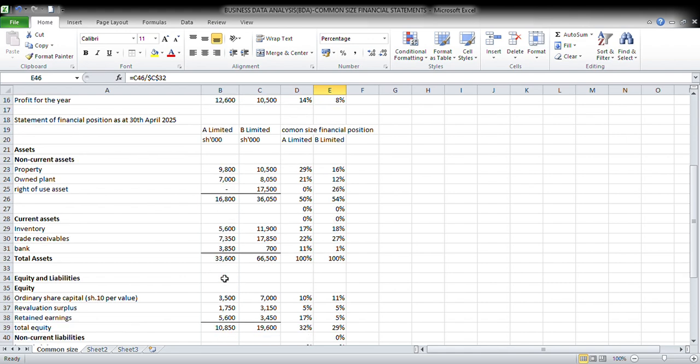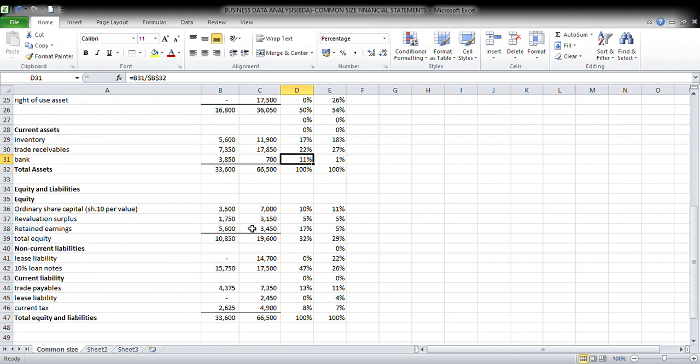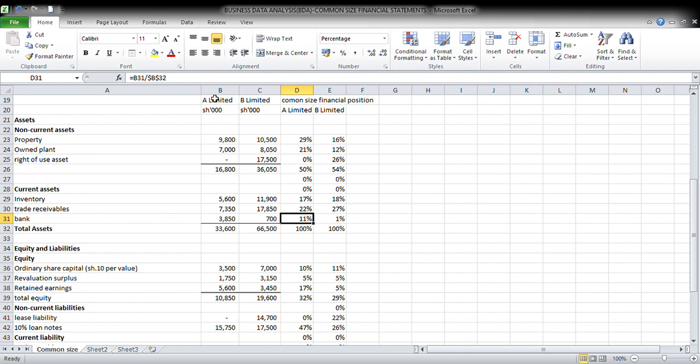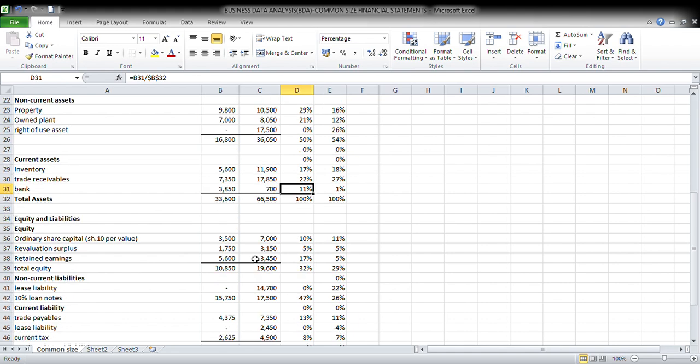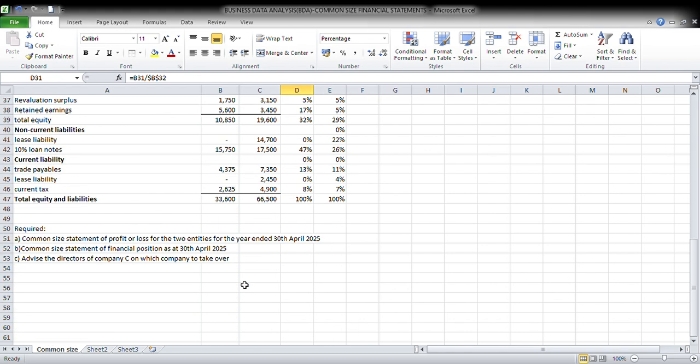In terms of liquidity, company A has 11% in the bank, against 1%. It has more liquidity. In terms of liability, company A has less liability. So it's less risky to take over company A than B. So that's the advice we give to the directors of company C.